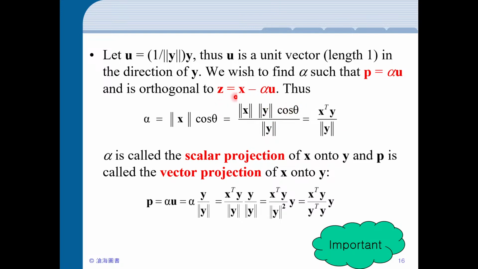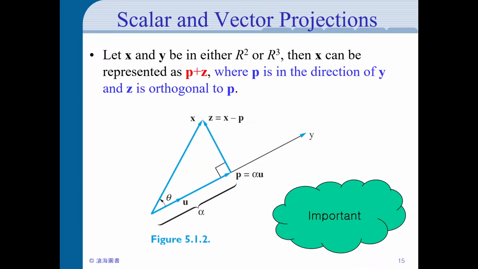The upper thing is just what we showed before: x length times y length times cosine theta is x inner product with y, divided by the length of y. A little easier way to remember this is x inner product with the unit vector of y.